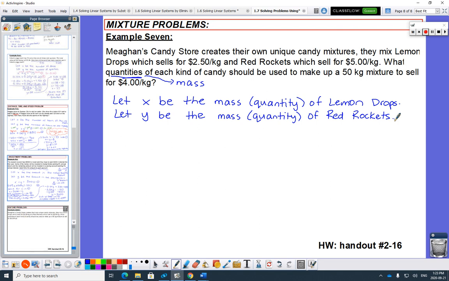Okay, so we want our bag to be 50 kilograms. So the mass of the lemon drops plus the mass of the red rockets equals 50. But then the next one is a little bit tricky. So we want to do $2.50 a kilogram and $5 a kilogram, but we don't know what we want our total to be. Okay? So again, you kind of have to do a little bit of an aside.